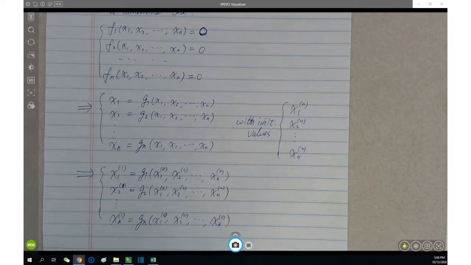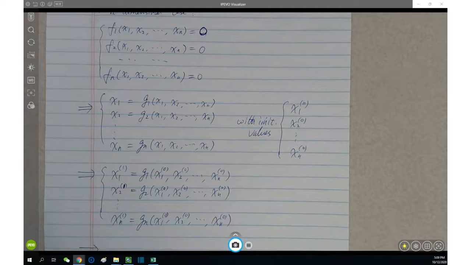And after this iteration, what do we do next? Checking, right?